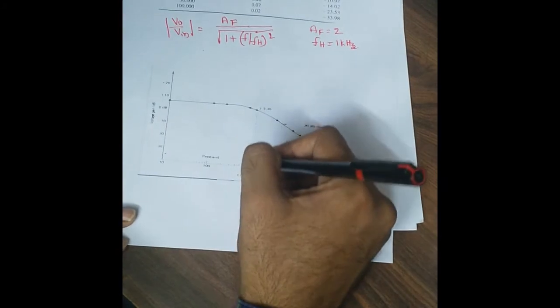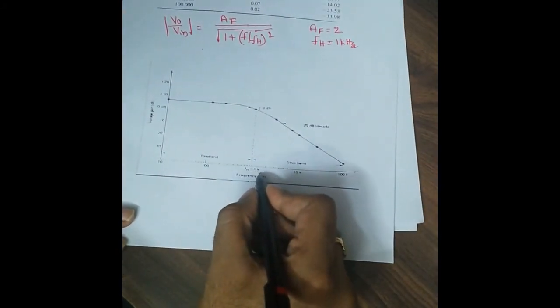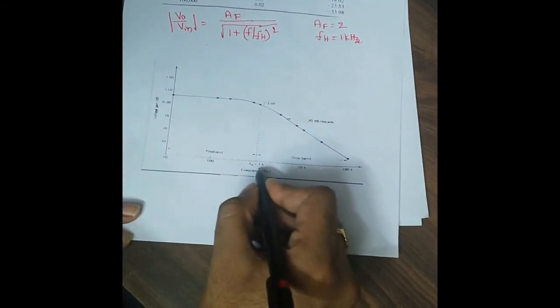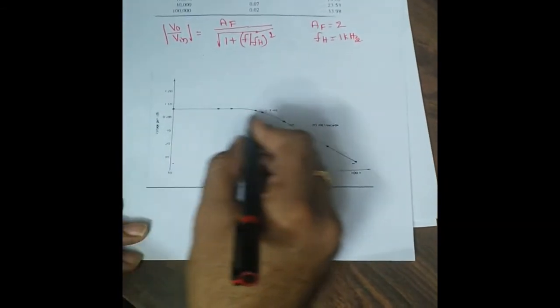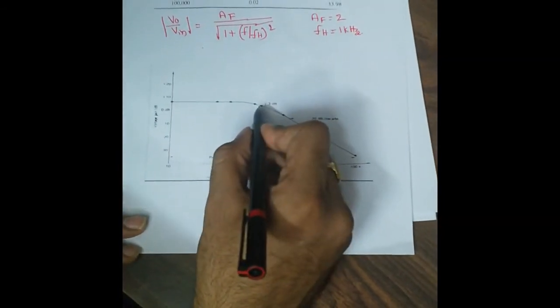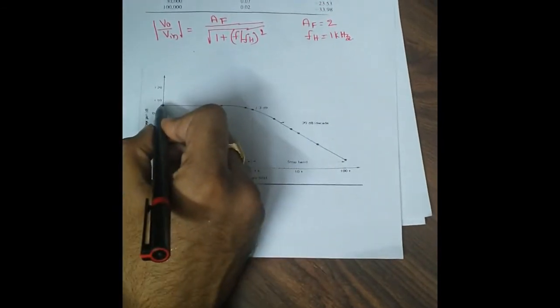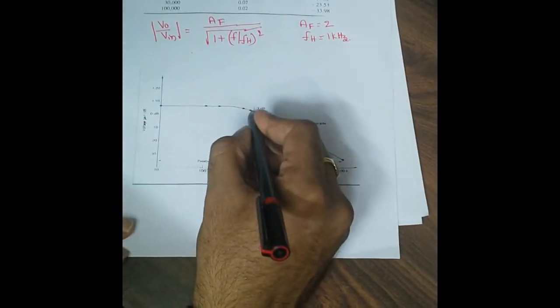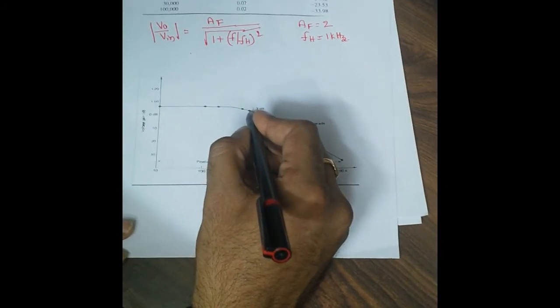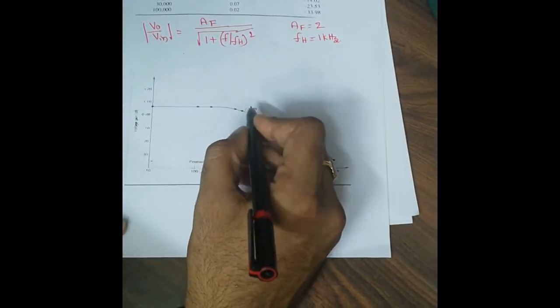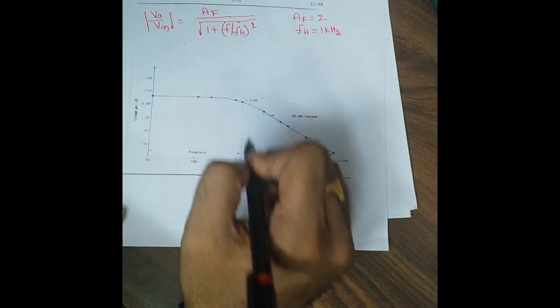At exactly the cutoff frequency, say at fh equal to 1 kHz, if you observe in the graph, at that point the gain is decreased by minus 3 dB. Here this is the maximum gain and the gain is decreased by minus 3 dB at this point. That's why it is considered to be the 3 dB frequency.